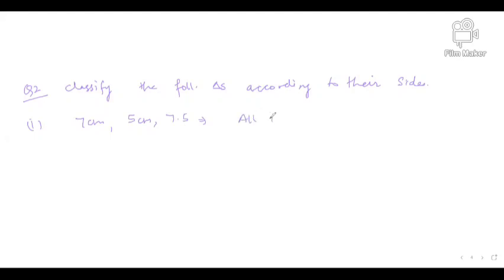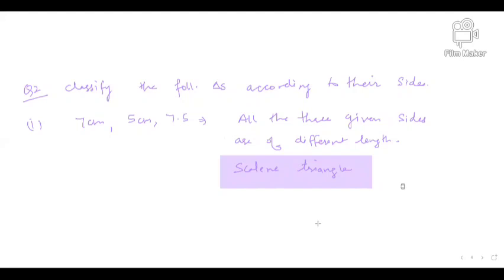As all the three given sides are of different length, the triangle would be a scalene triangle. I hope the question is clear.